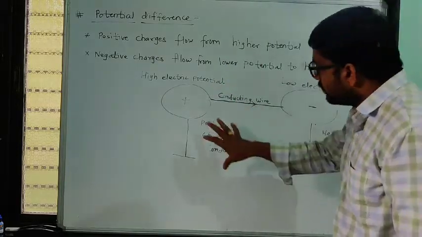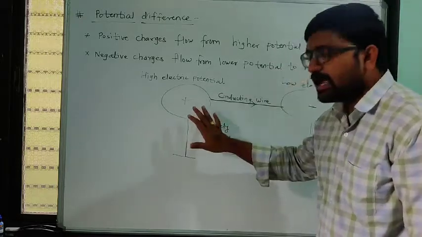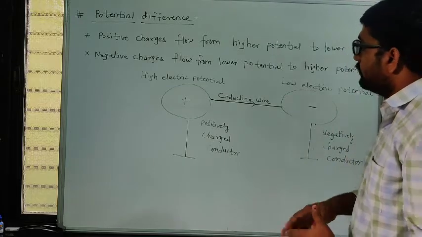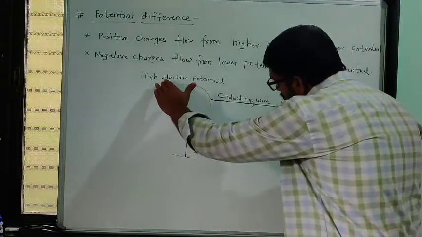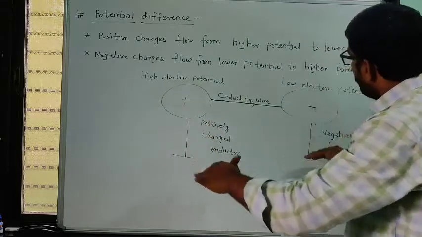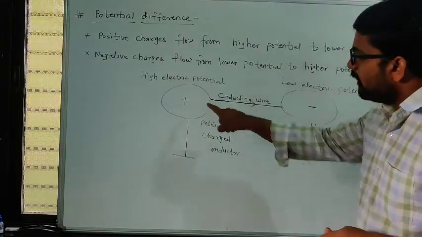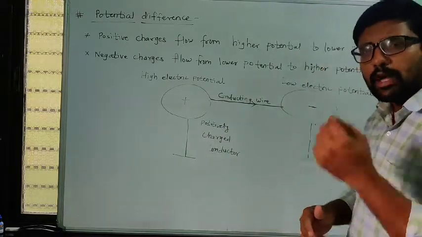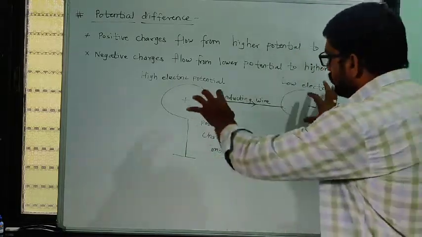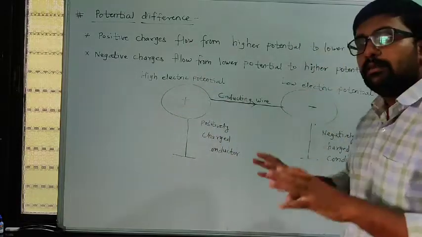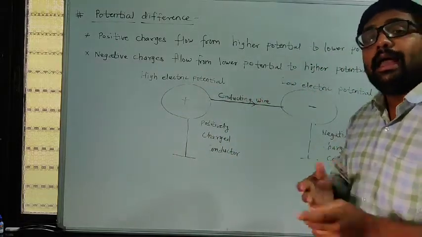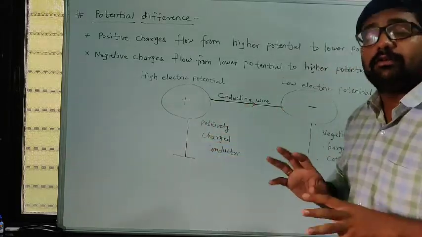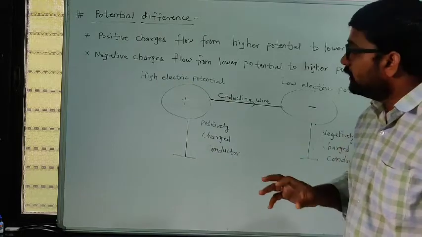After a certain time the higher potential decreases and the lower potential increases, because positive charges came here and negative charges went there. So after some time the potential of these two conductors becomes equal. And as the potential of both conductors becomes equal, at that time what happens?